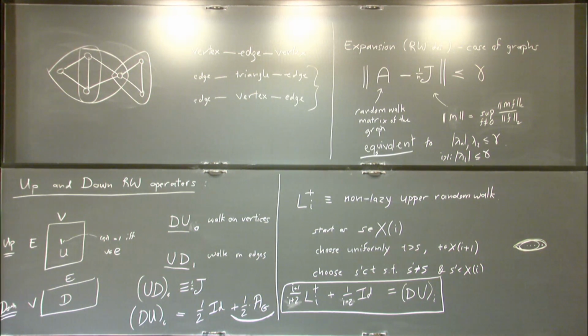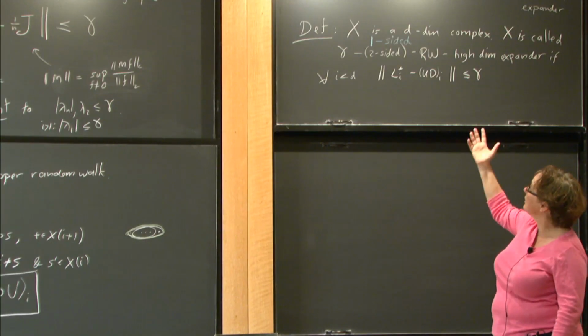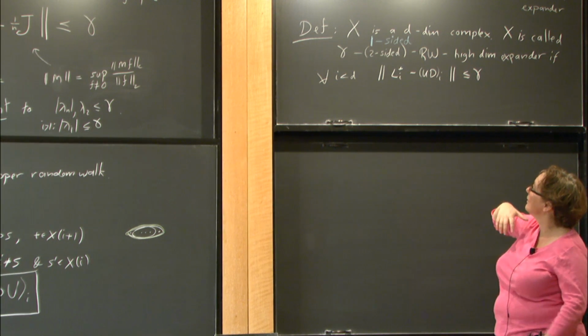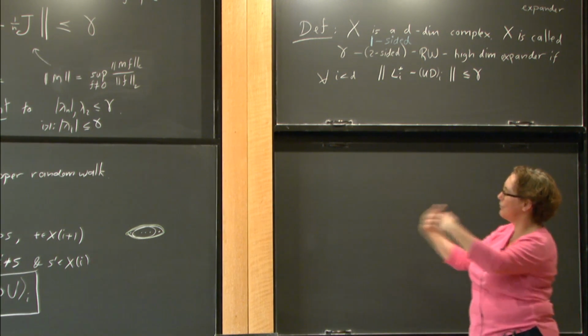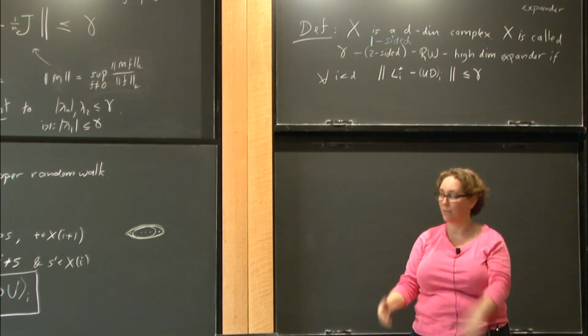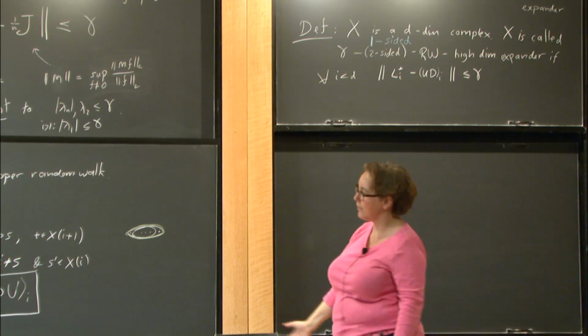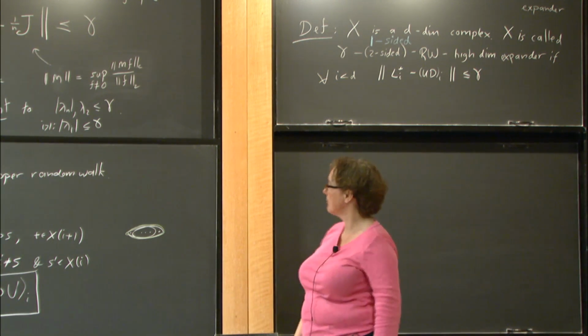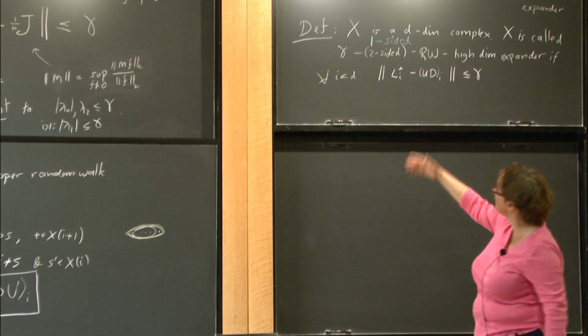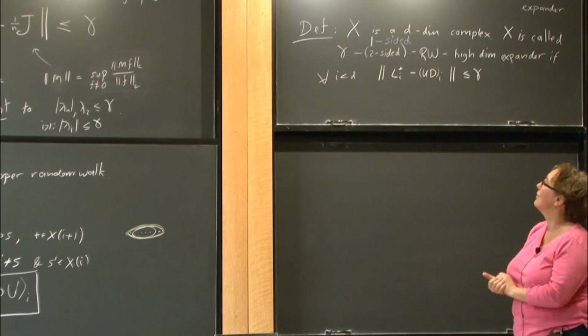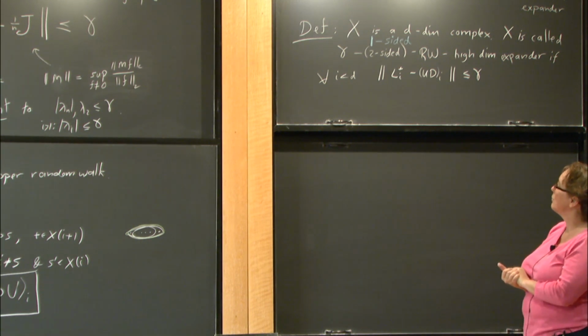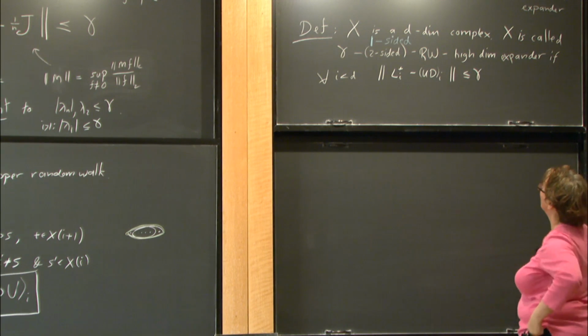So now I want to claim that this definition is good because a complex that satisfies it is a good approximation of the gold standard for hypergraphs. So what is the gold standard for hypergraphs? It's the complete hypergraph. I want to say that these things are a good approximation of the complete hypergraph, and we'll do it slowly.